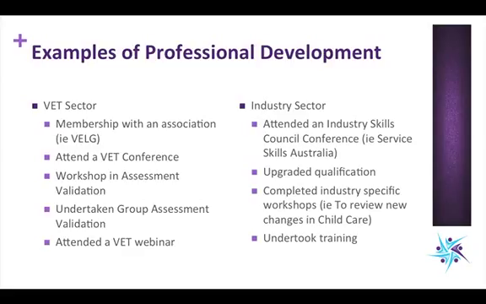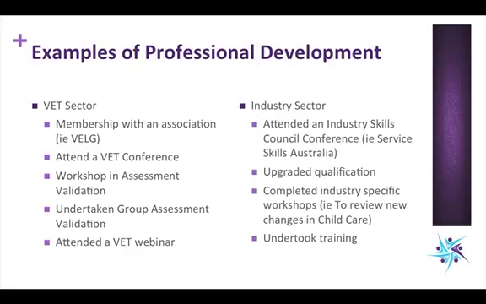They could have completed industry-specific workshops. So, for example, if they're working in childcare, they attended a workshop on reviewing the changes in the childcare industry and what you need to do. Could be family daycare and looking at updating the changes in family daycare. It could be doing a workshop on new equipment for forklift driving or for confined space, or a range of different units that you may be delivering where there are changes in the industry.